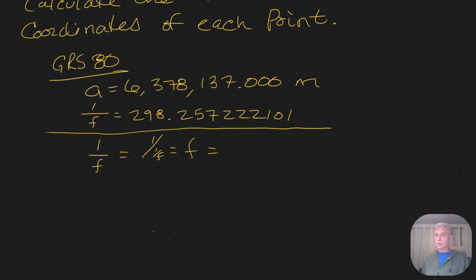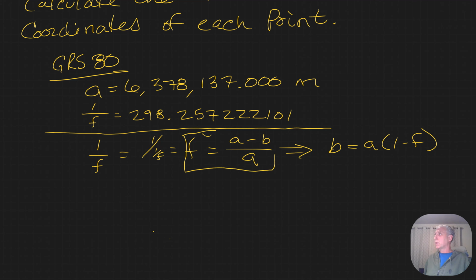And that equals a minus b over a, which yields b equals a times 1 minus f. And that's just simple algebra. All I did was solve for b in this part here. So if I'm given a and I'm given f, or a and 1 over f, I can get b back, right?